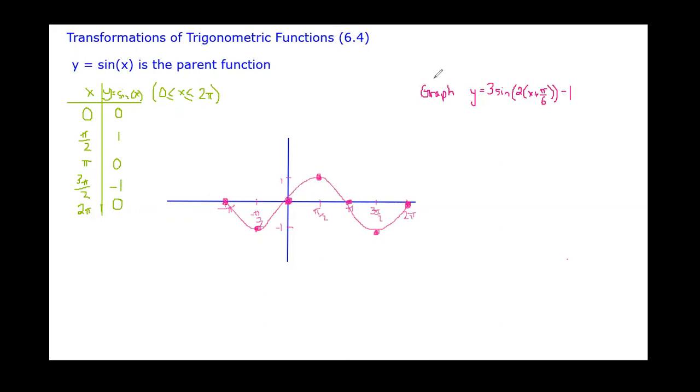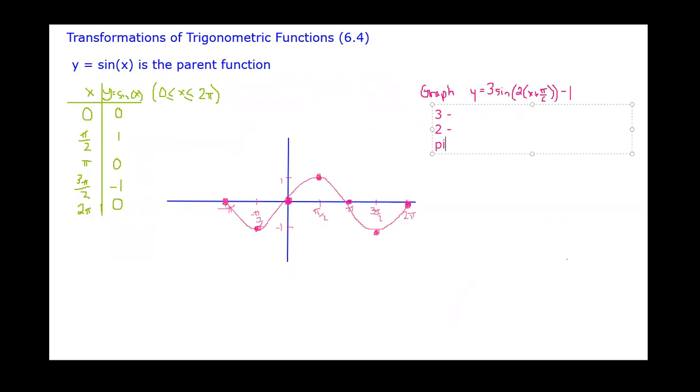But if we were tasked now to graph y equals 3 sine(2x + pi/6) minus 1, then we should be able to do that no problem now, right? So this should actually be a very quick piece because we know how to do transformations. So I just want a quick help here.